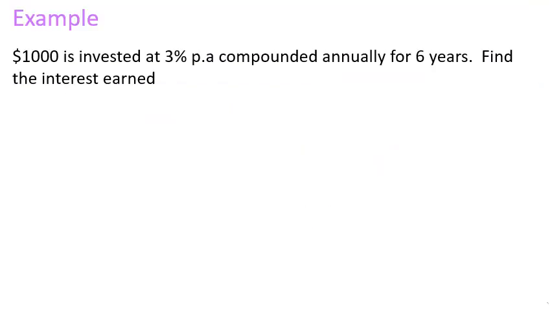Slightly different. We're asked to find the interest earned. So $1,000 is invested at 3% per annum, compounded annually for 6 years. Find the interest earned. So I first need to find the amount. I'm going to use my formula. A equals P times 1 plus R divided by 100 to the power of T. Substitute in my values.